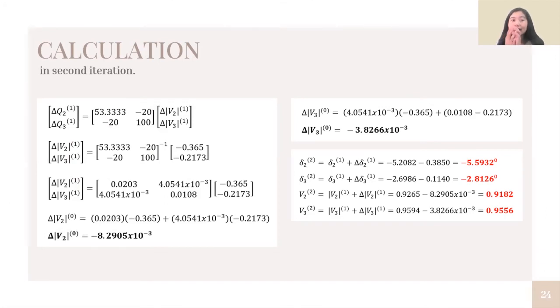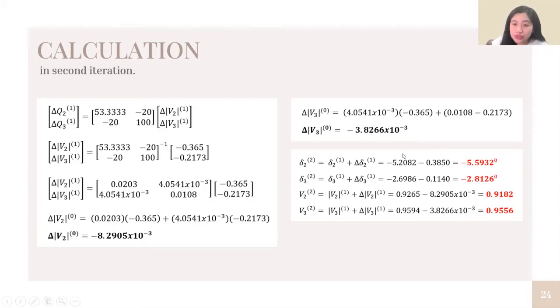So, lahat ng values ng V2 and V3, delta 2 and delta 3 ng first iteration natin, kailangan natin siyang i-add sa lahat ng V2, V3, S2, and S3, delta 2 and delta 3 na values natin. So basically, kailangan lahat na nakuha natin sa first iteration is associated pa rin siya sa second iteration in the sense that yung final values na pwede nating makuha for delta 2, 3, V2, and 3 is that kailangan natin siyang i-add.